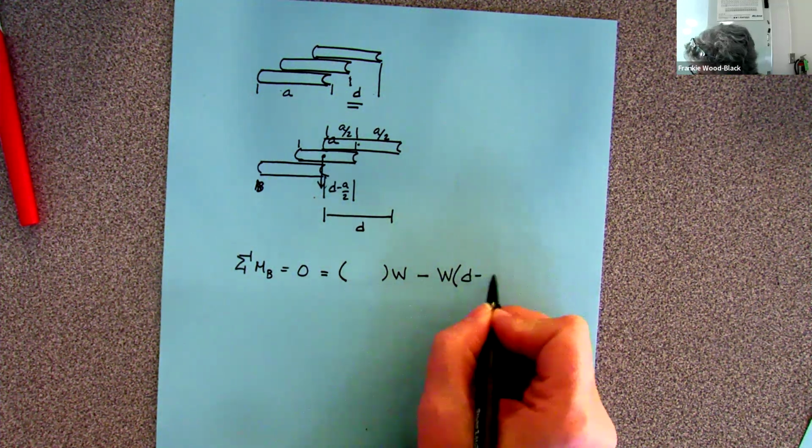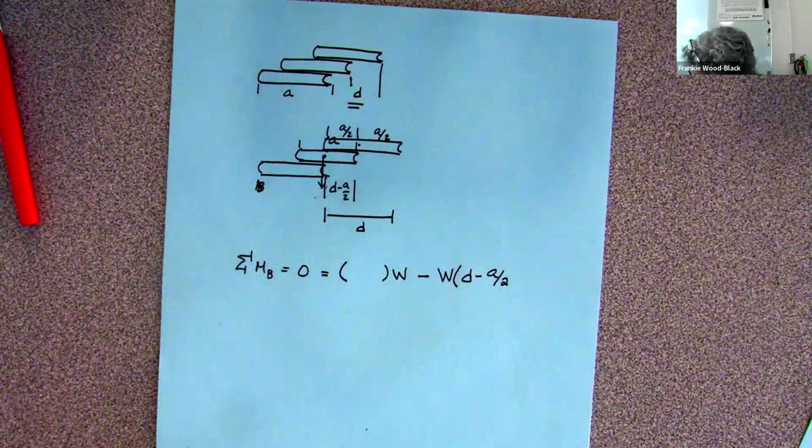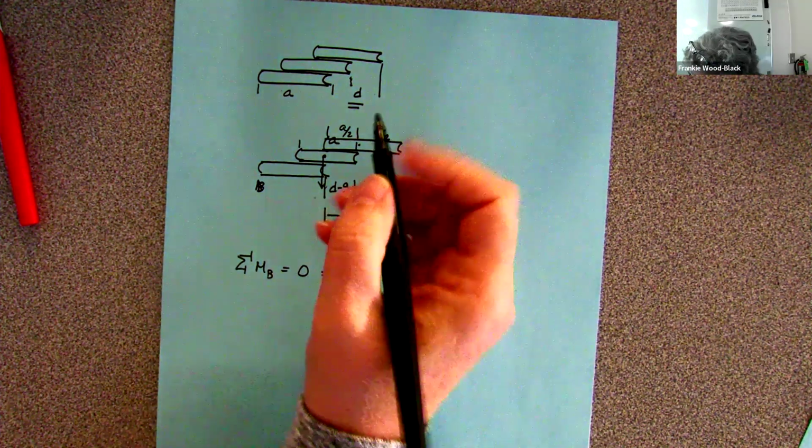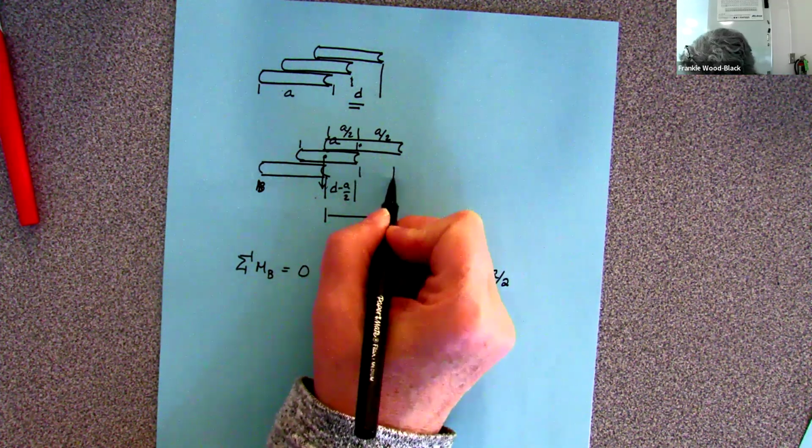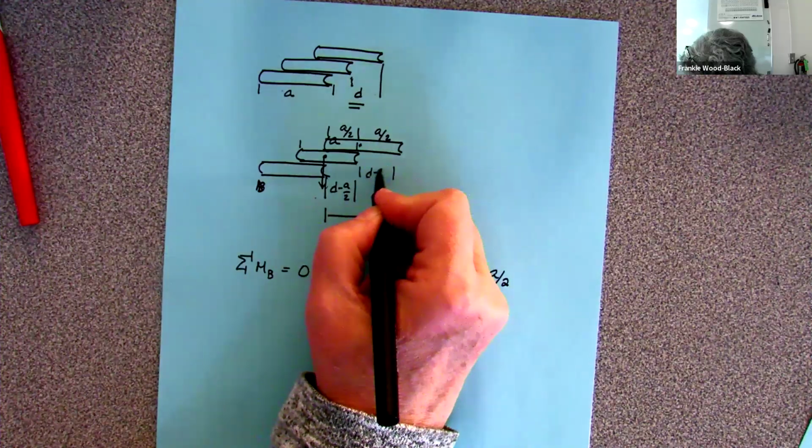We've got D minus A over 2. I think I've drawn my picture funky, because this is D minus A over 2.